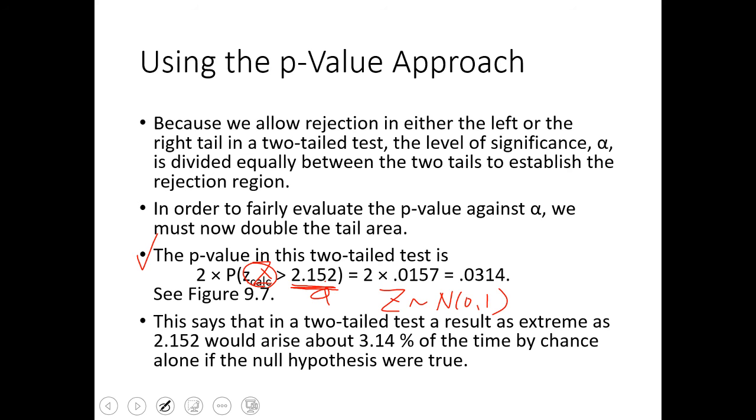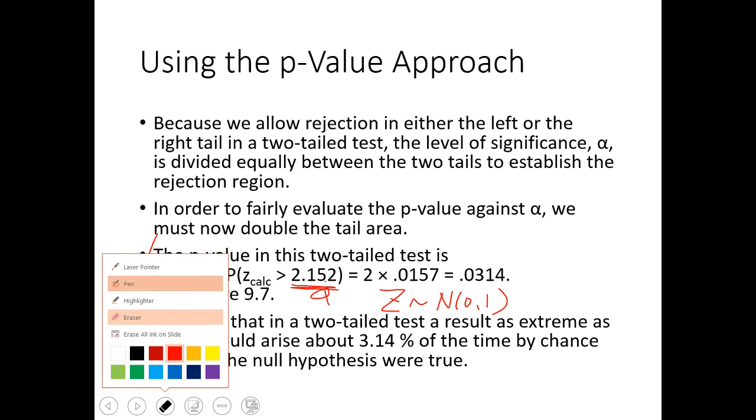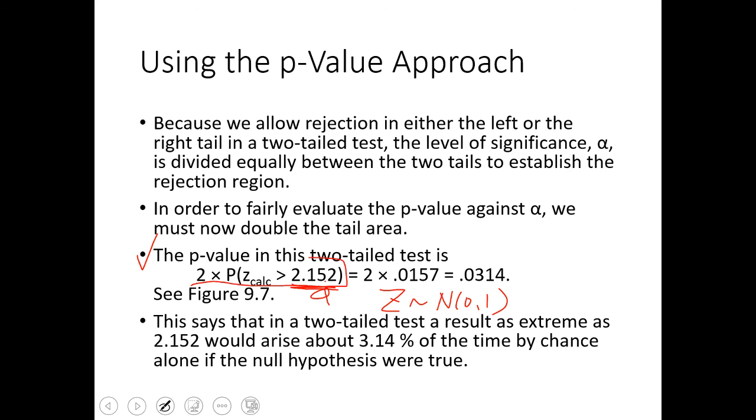That is more precise notation, but you need not be worried about this notation. Anyways, 2 times the probability that the test statistic is greater than 2.152 is our p-value with this two-tailed test.